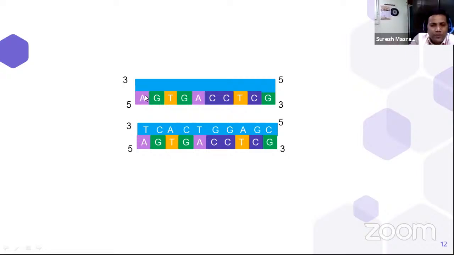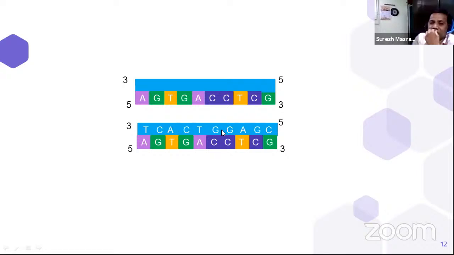From the 5 prime, this sequence is A, G, T, G, A, C, C, G, C, G. Thus these 10 nitrogenous bases are present over this newly formed strand, and the single stranded DNA strand which we put acts as a template. And obviously, as we know, A always attaches with T and C always attaches with G.